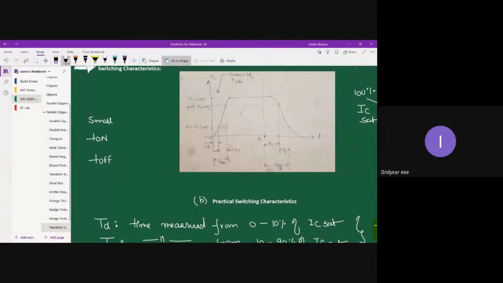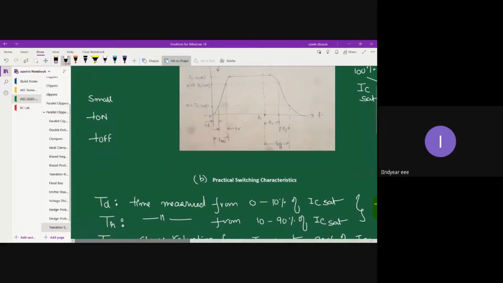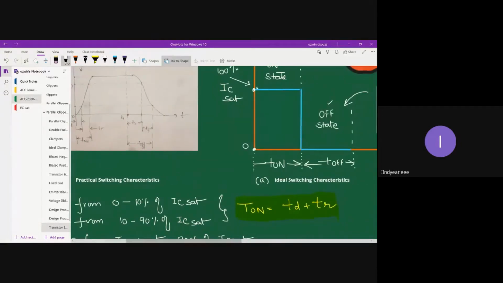Ideally, when you supply a base current, the transistor should get into the saturation region instantaneously. Instantly, the collector current should rise to the maximum value over here, you see. So at t equal to 0, first let me talk about the axis.